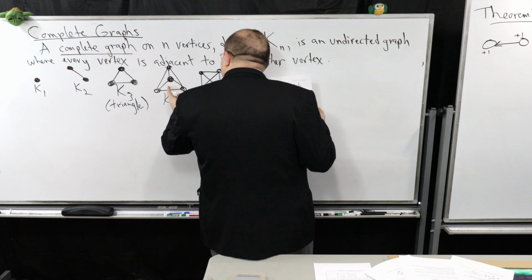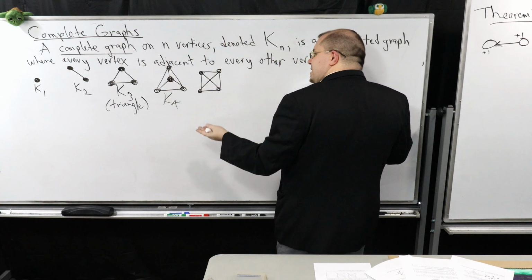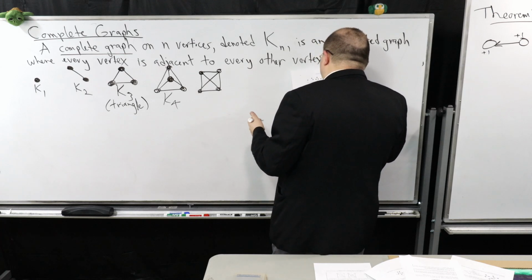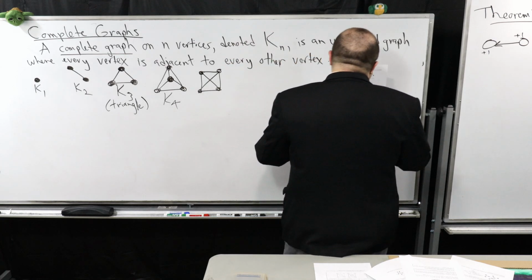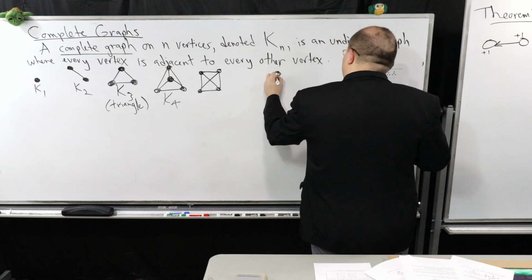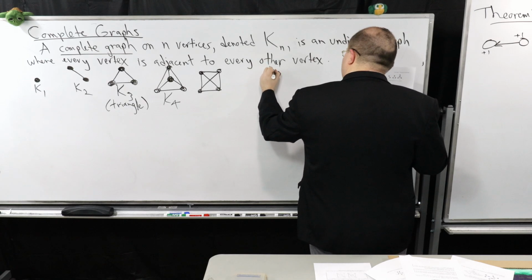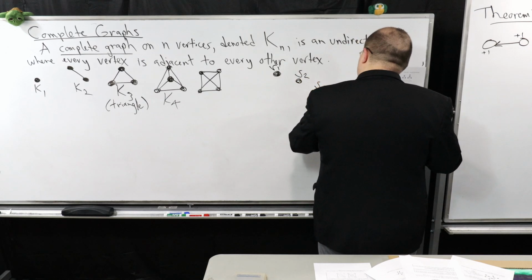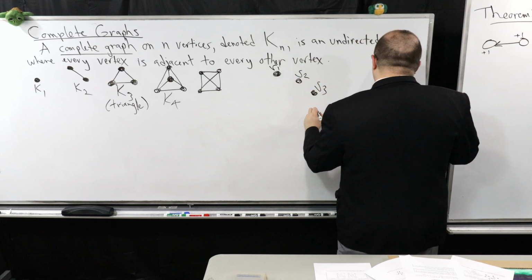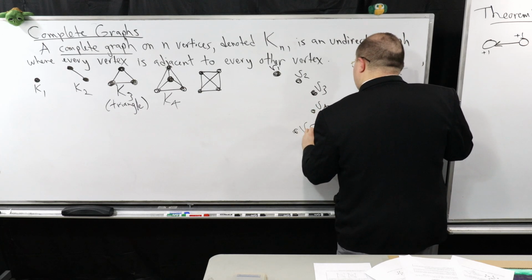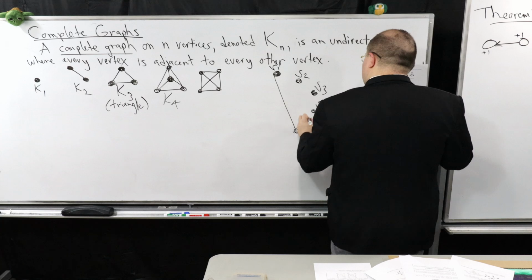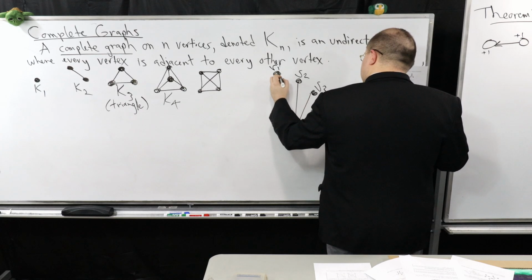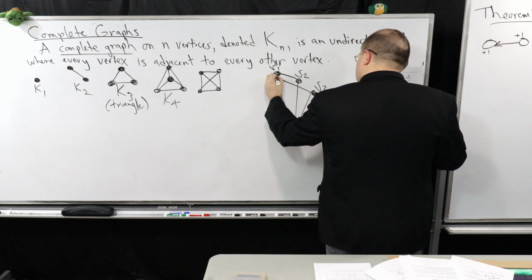But notice there's a way I could draw it without having any of the lines crossing that represent the edges. That's a nice property. More generally, I can always build K_n by doing this. If I give you arbitrary n, I can have vertex 1, vertex 2, vertex 3, vertex 4, vertex 5, and all of these are going to be adjacent to each other.